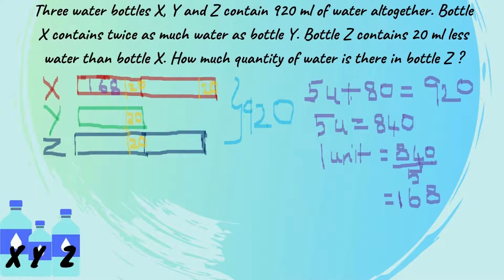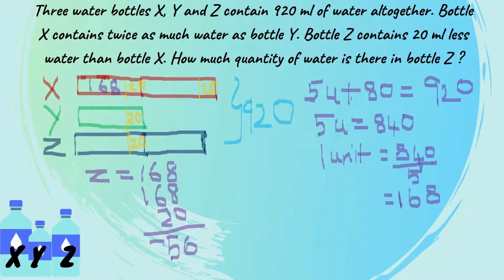So let me find the ml of water in bottle Z. It is 168, and since there are 2 units, it will be 168 and again another 168 and the extra 20, which when added together is 356. That is 356 ml of water in bottle Z.